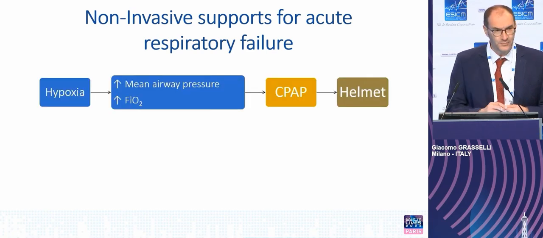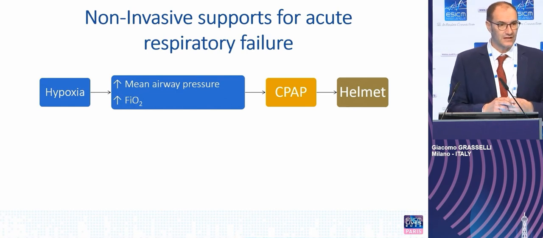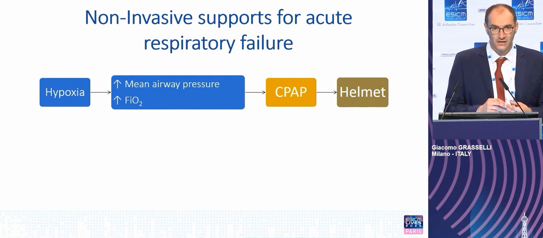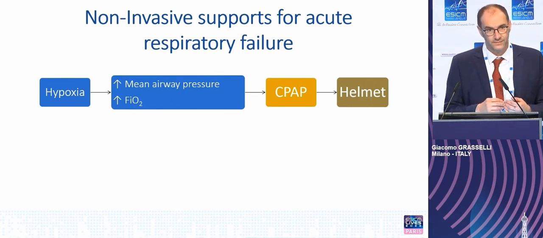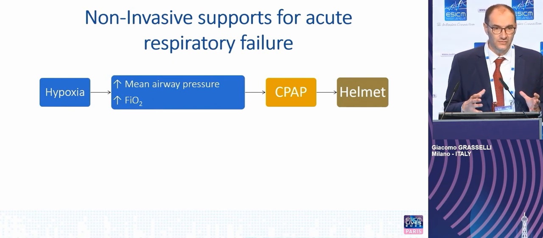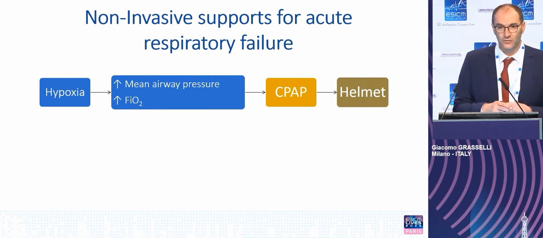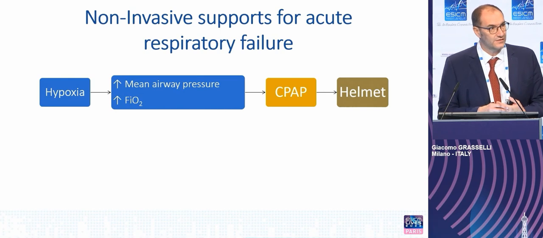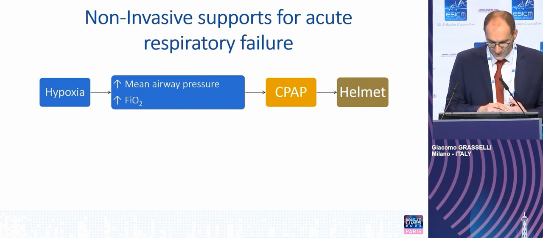The first one is the purely hypoxemic patient. And in this patient, at least in the initial phase, the goal is mostly to increase mean airway pressure, so to counteract the tendency to alveolar collapse. So what we do is, again, increasing mean airway pressure and increase FiO2, obviously.